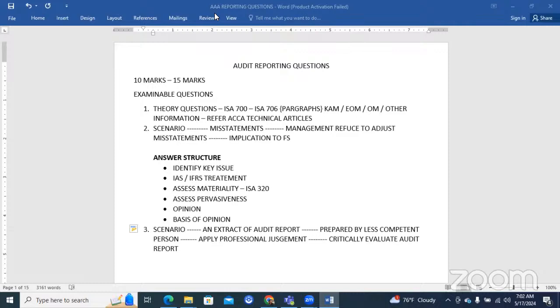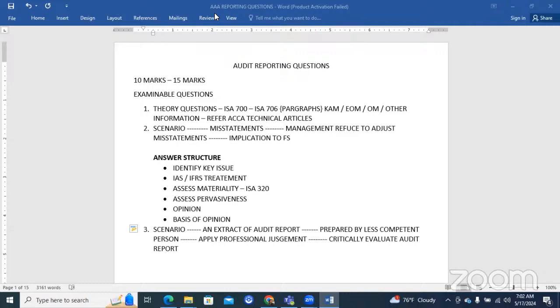Rewriting the given report is not expected from the students. Because most students, when asked to critically evaluate the audit report, take the report and rewrite it. That is not expected. Don't rewrite the given report.